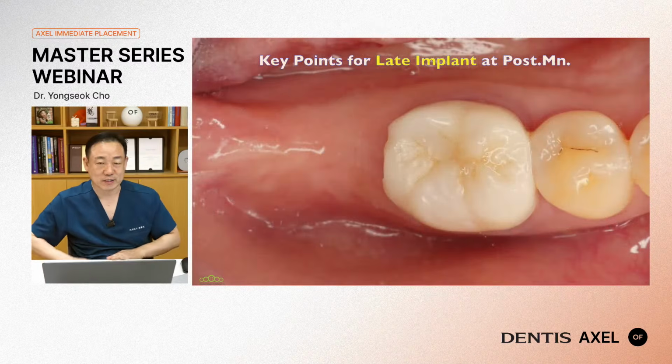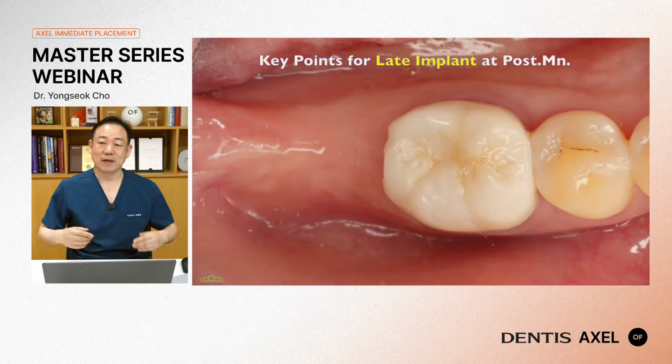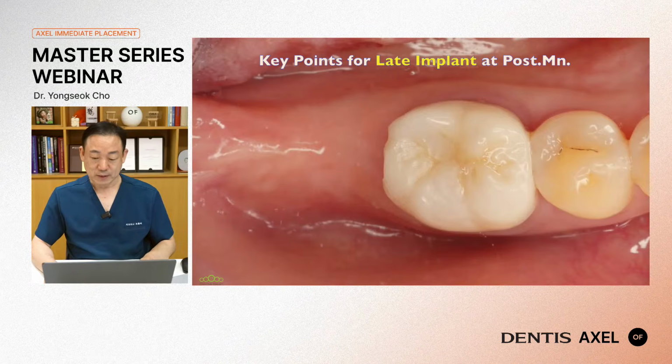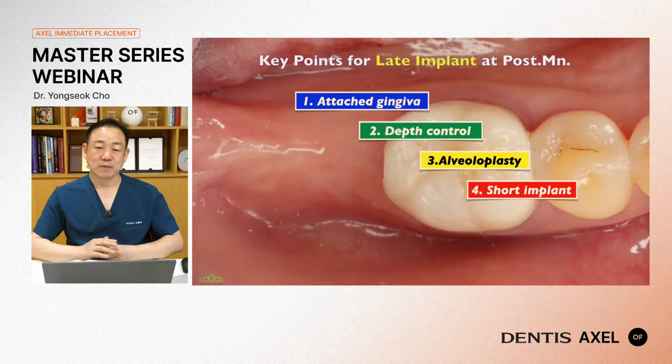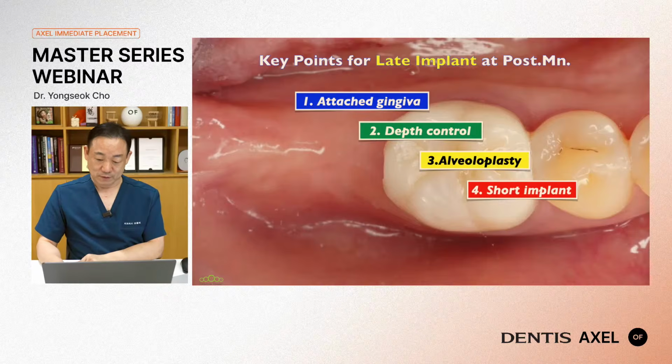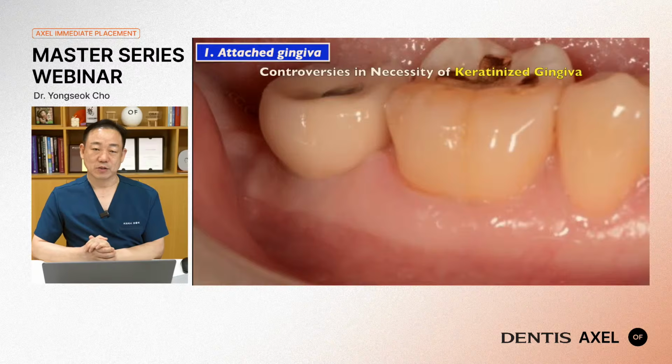Here are keywords for late implant at the posterior mandibular molar site. First, attached gingiva. Second, depth control. Third, alveoloplasty. And last, short implant. First, attached gingiva.